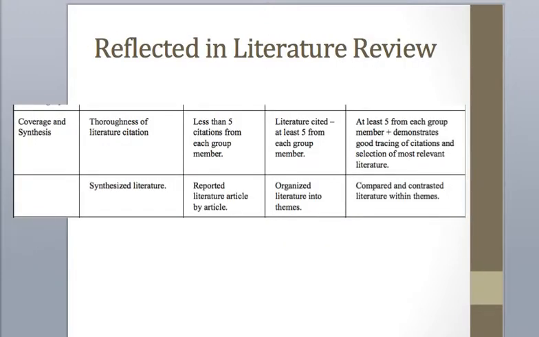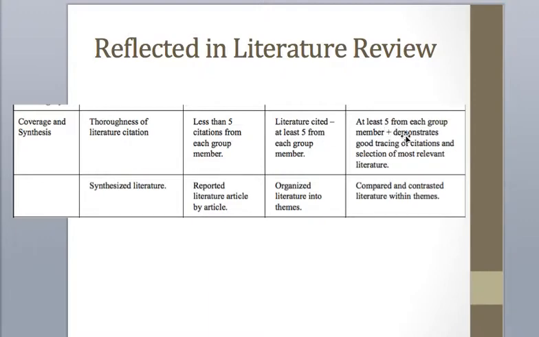All right? These two concepts relate to part of the way that we're going to evaluate your literature review, and specifically these two rows, which were adapted from Boot and Beal. The first row talks about thoroughness of literature citation. Well, there's no way you can thoroughly review the citations in your topic unless you do this tracing, going from one article to another to find out who is saying which articles are important.